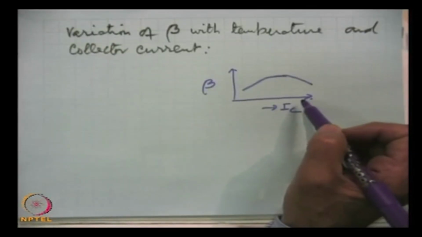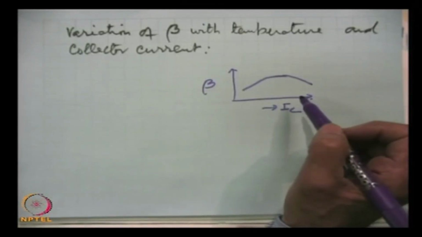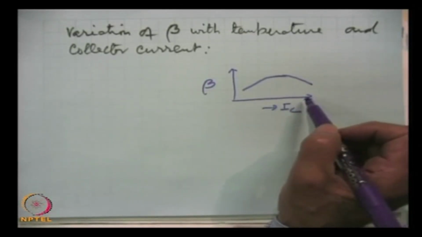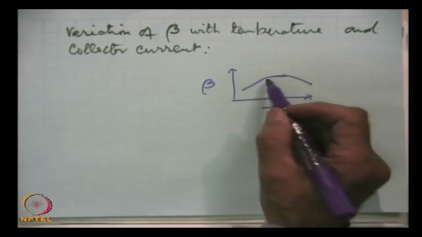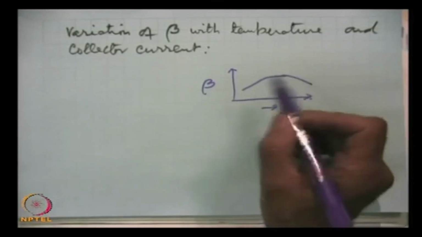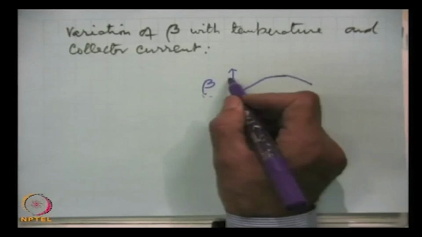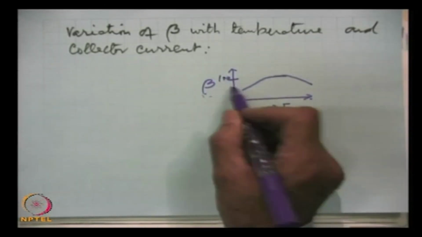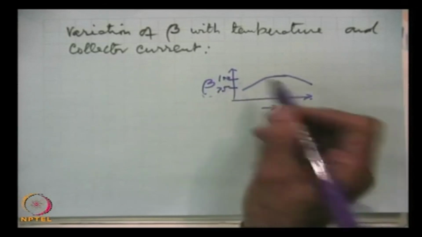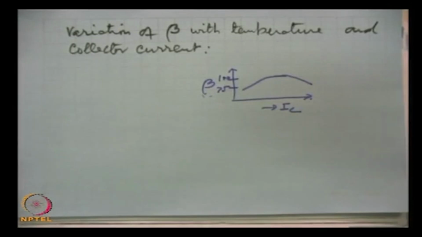When very high injection of charge carriers is there from the emitter, then the collector is unable to handle them as efficiently as in this region. So, there is a fall in the value of beta, and this fall may be significant. If it is 100, this may be 75 and even lower. So, this is how the current gain beta varies with the collector current, the output current.